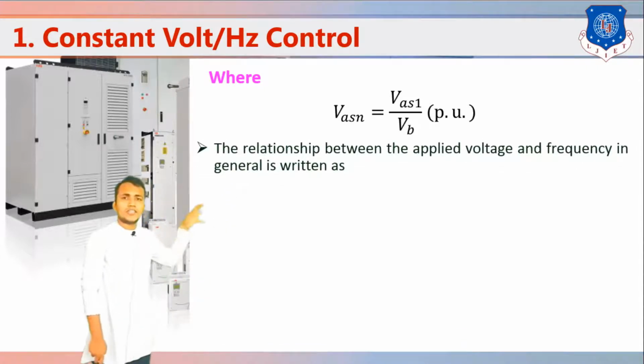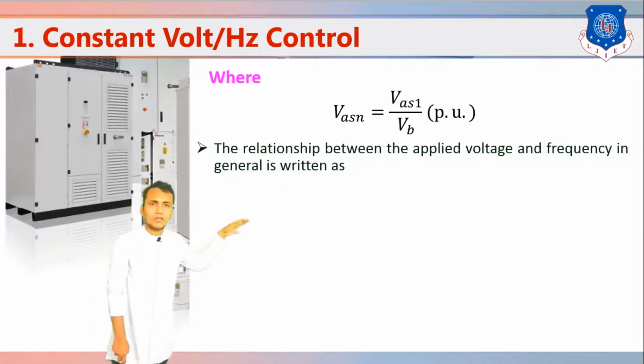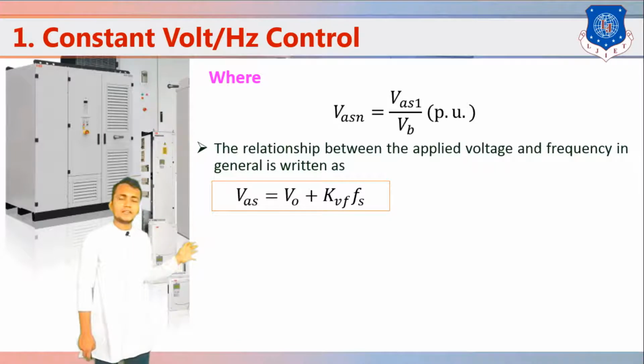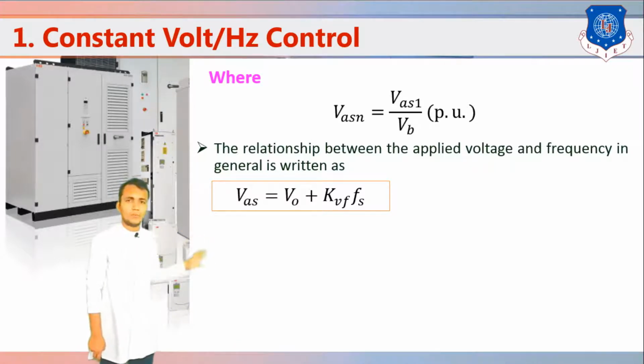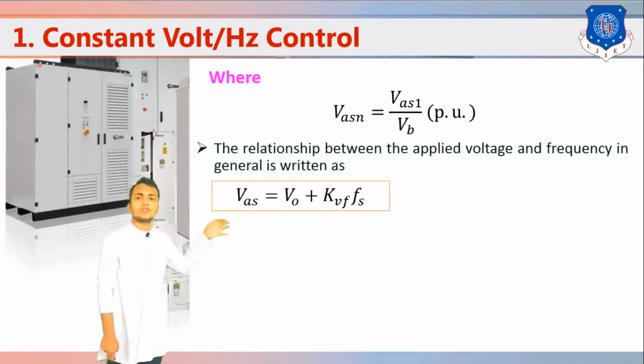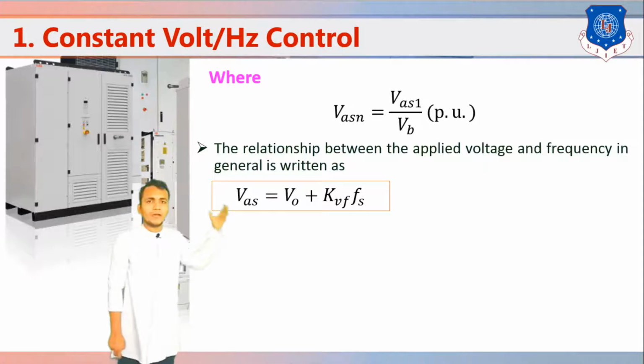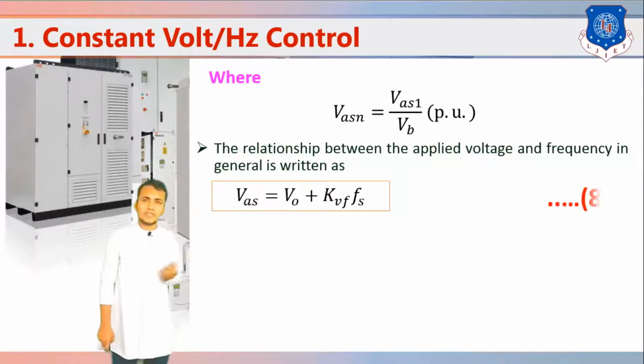The relationship between the applied phase voltage and frequency is in general written as Vas is equal to V0 plus Kvf into Fs. In this way we can write the relation between the applied voltage and frequency.